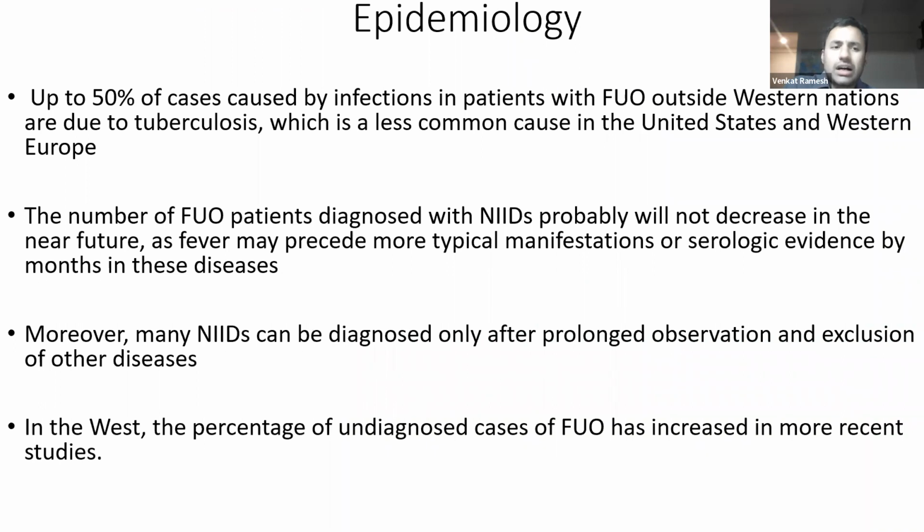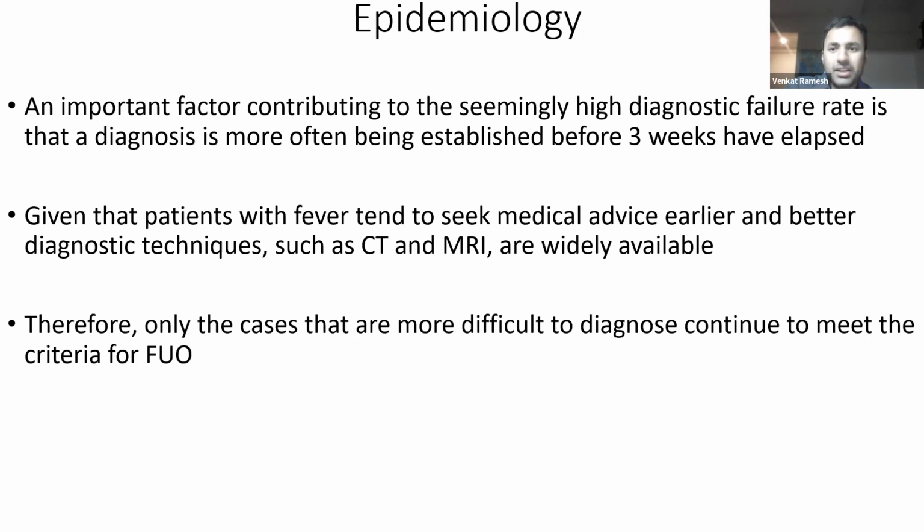Tuberculosis is the most common cause in India. In fact, when I speak to hemato-oncologists, they tell me that almost 90% of their patients with lymphoma have been on empiric anti-tuberculous therapy. That's just a fact that we have to keep in mind.